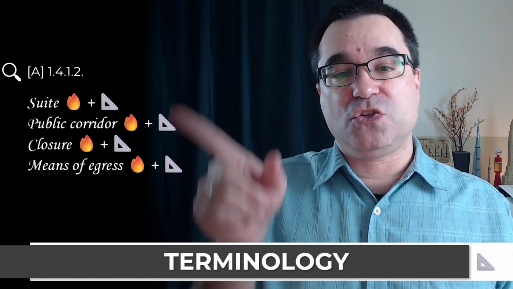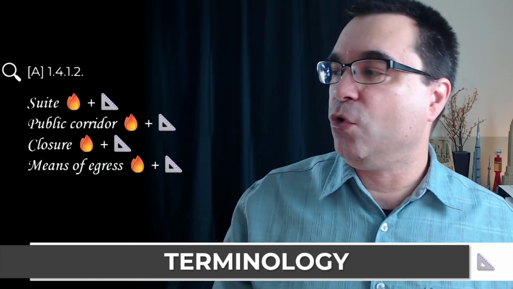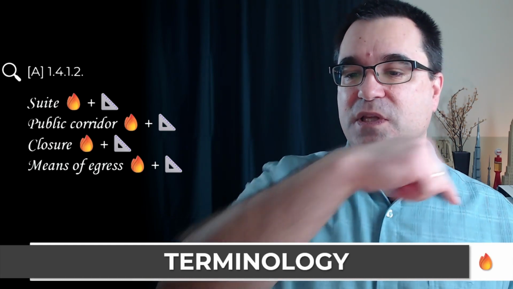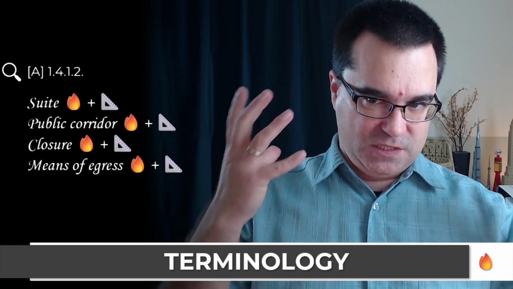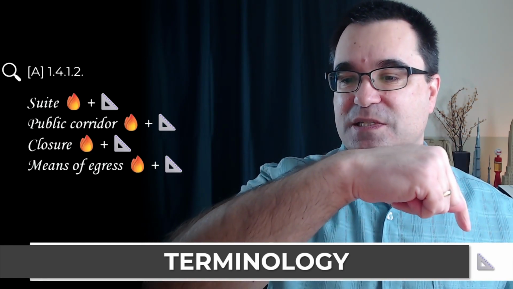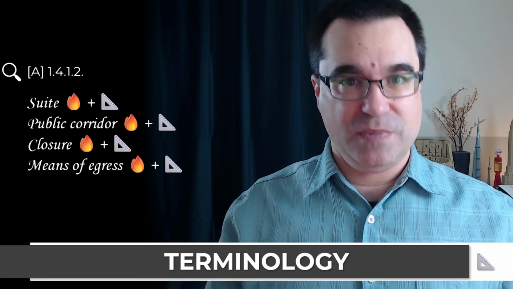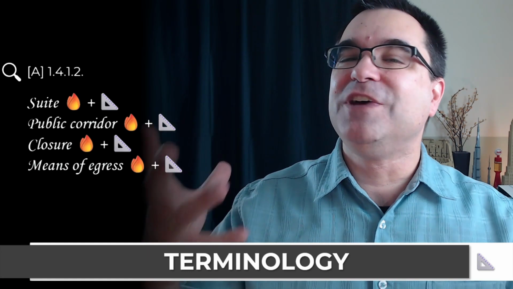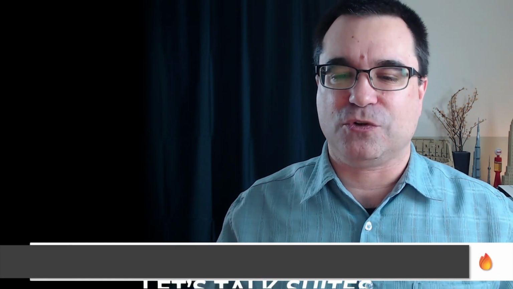For each one of these items, we're going to be covering how the Ontario Building Code deals with the fire resistance rating or fire protection rating, basically the fire rating of that space, and the dimensions of that space. So look for what you have here in the bottom right of your screen, because that will tell you what we're doing in the video, if it's fire rated or if it's dimension related, okay?